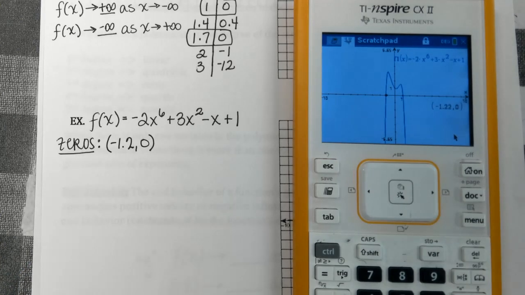And then find your second x-intercept. What's your second x-intercept?